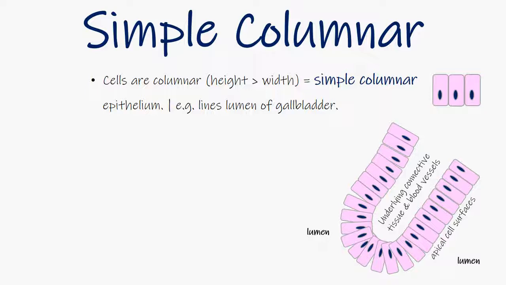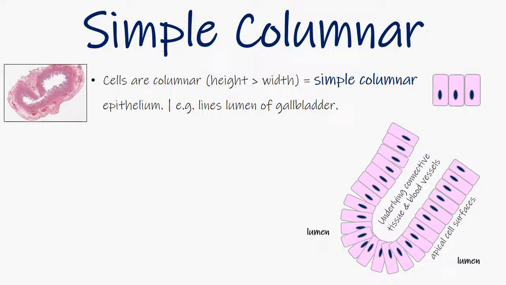Simple columnar epithelium is a very good choice for locations such as the gallbladder, where absorption of water from the lumen helps concentrate the bile that is stored in the gallbladder between meals. To put this into context, here is a micrograph cross-section through a gallbladder.